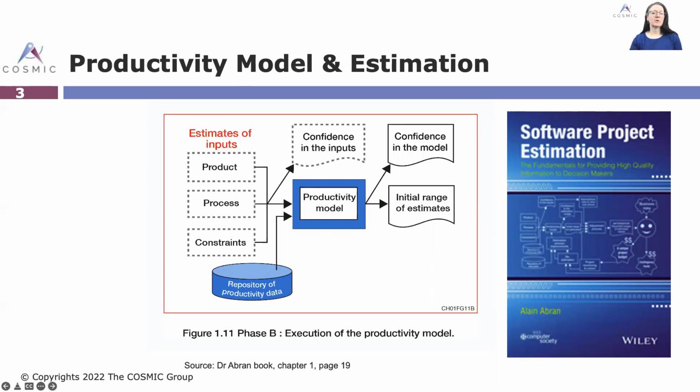Let's look at an overview of productivity model and estimation. Here in the middle, we have the productivity model, which has been built from a repository of productivity data, namely past project, effort, and functional size.